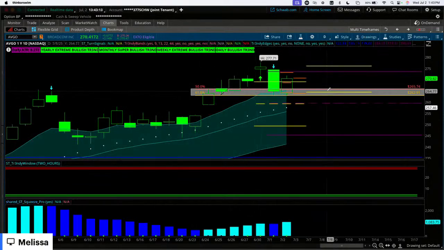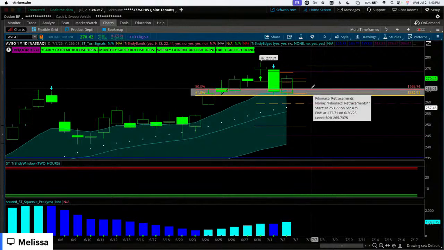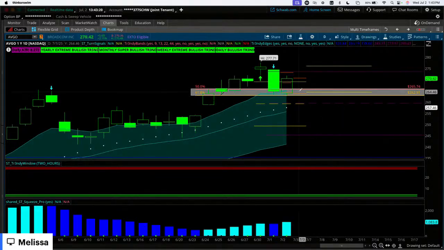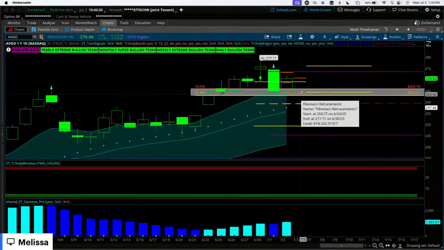But here's another example of how small the risk was on this golden pocket. It is less than $3 of risk, and it's already paid a $6 reward. So a 2-for-1 risk to reward using the golden pocket here on Broadcom.